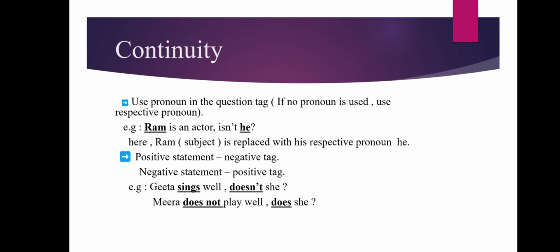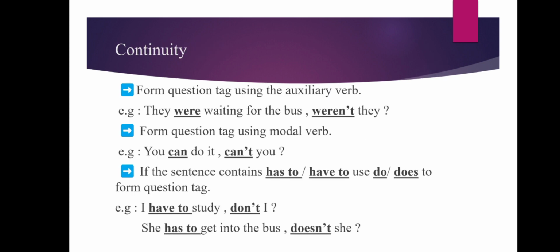This is a positive statement and we have constructed the question tag in the negative form, doesn't she. Meera does not play well. This is a negative statement and we have constructed the question tag in the positive way, does she. And the next rule is you have to form the question tag only with the auxiliary verb.